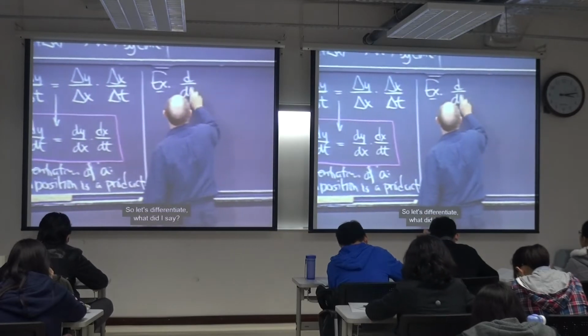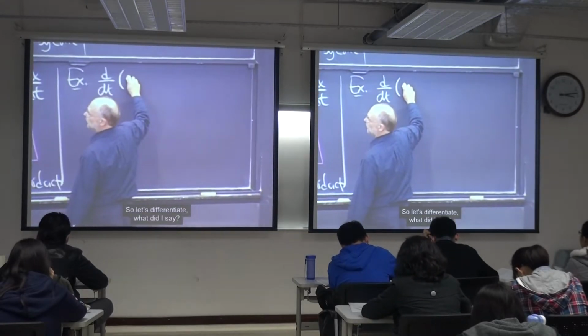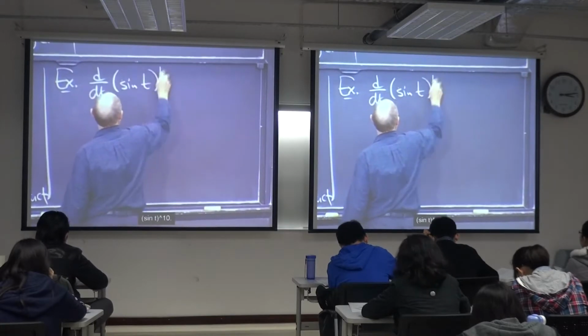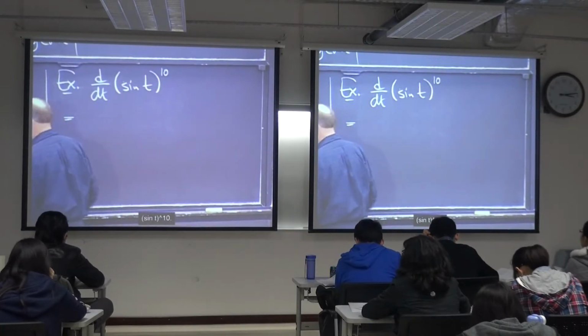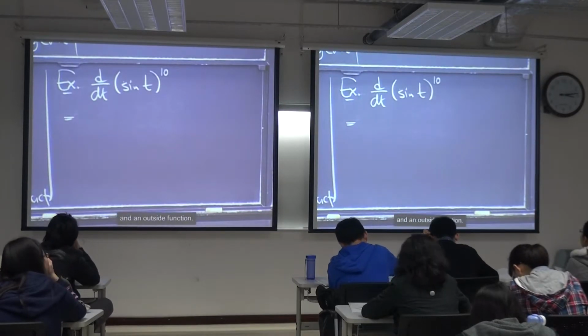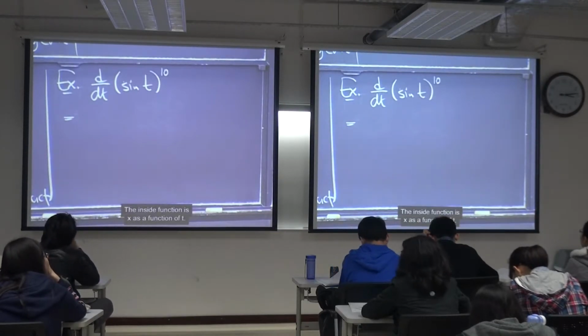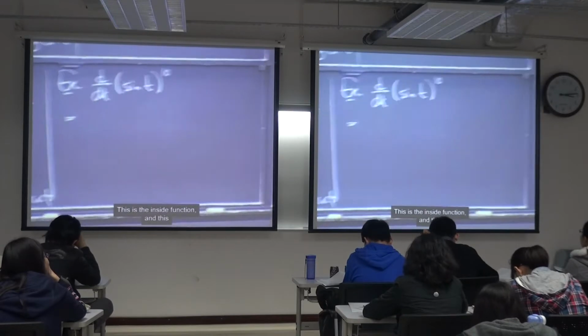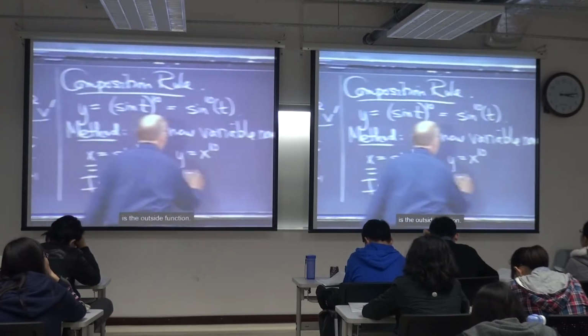So let's differentiate sine of t raised to the 10th power. Okay, there's an inside function and an outside function. The inside function is x as a function of t. That is, this is the inside function. And this is the outside function.